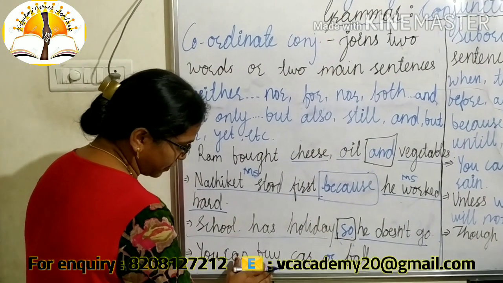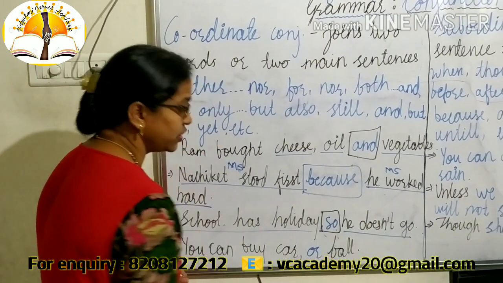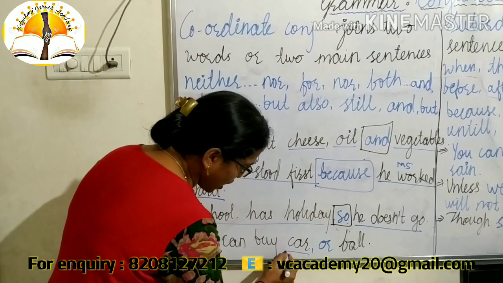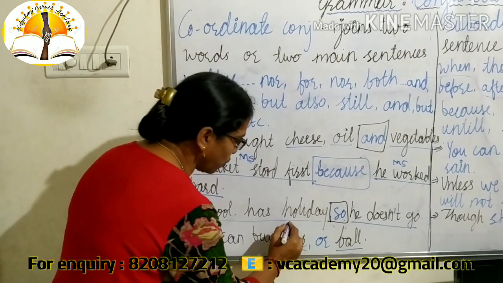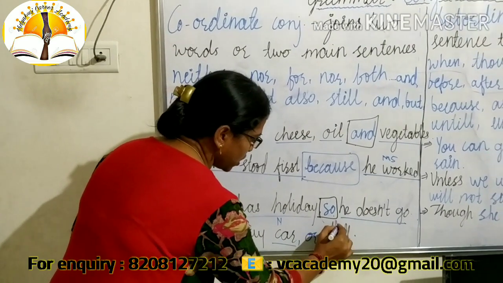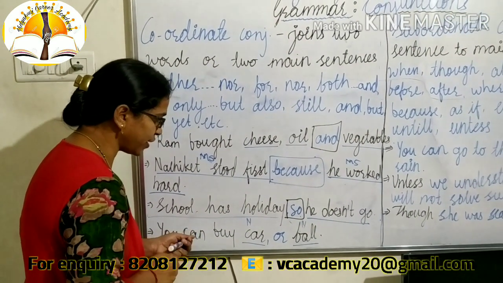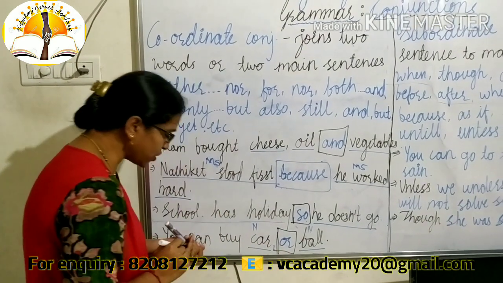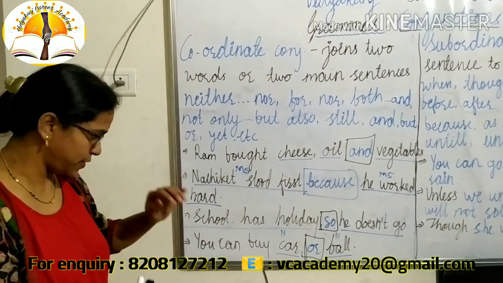Now, the next sentence. You can buy car or ball. Here, car and ball are both nouns. Two nouns are joined with the help of the conjunction or. Or conjunctions are used for choice.